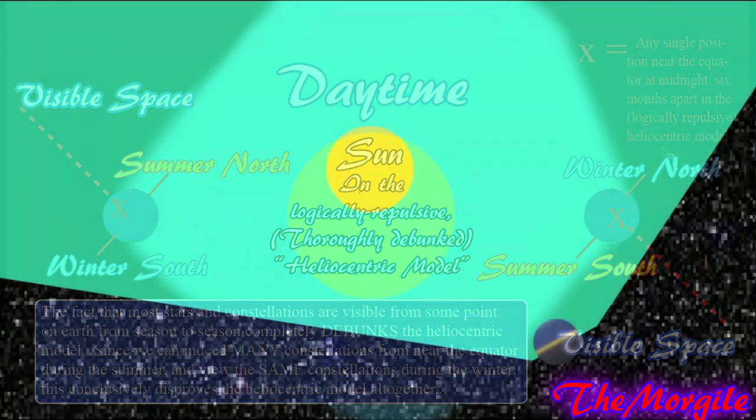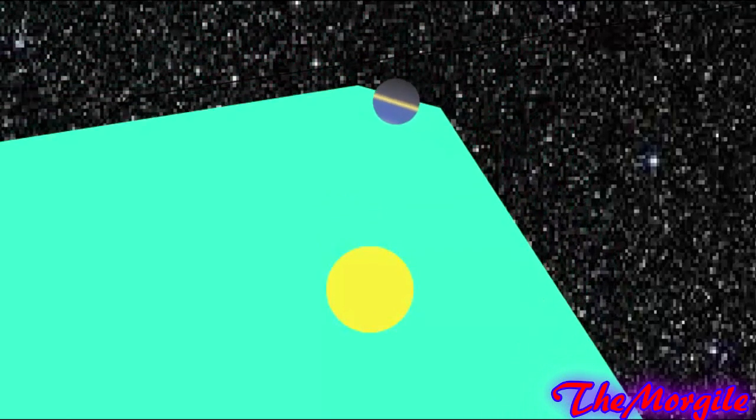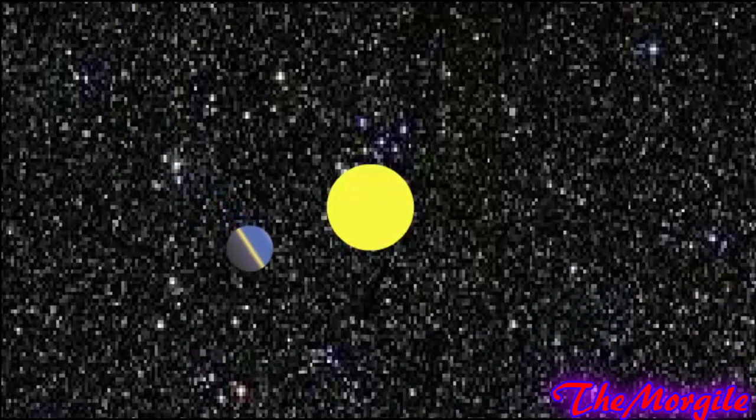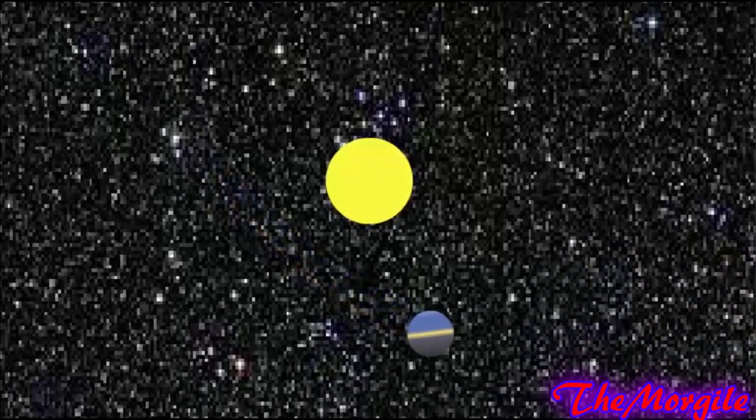Yet, we can see all of the same stars from somewhere on Earth all year long. And if you can see one single constellation that is an equatorial constellation from winter to summer, from any position on Earth, then the heliocentric model categorically falls apart yet again.